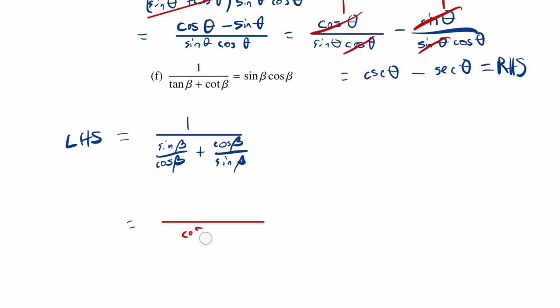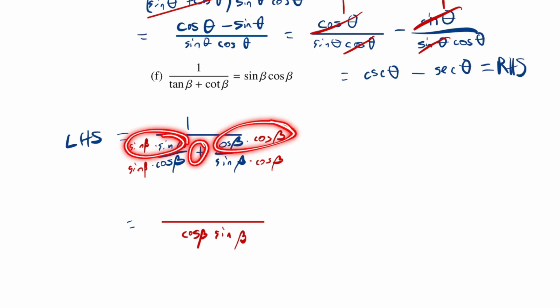So I need to multiply this one by sine, top and bottom, in order to get the LCD, and this one by cosine to get the LCD, which is going to be beautiful because we have sine squared plus cosine squared, which we know is going to be 1. All right, this is still over 1. So I was just combining the two fractions in the denominator, which I've done now.